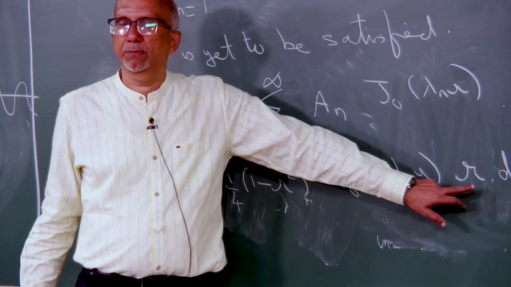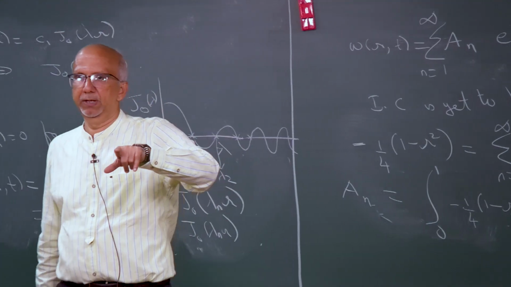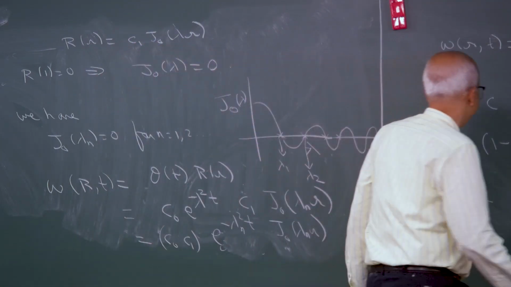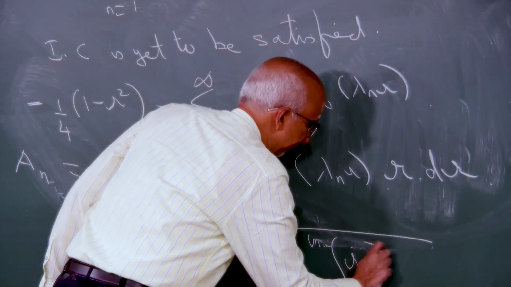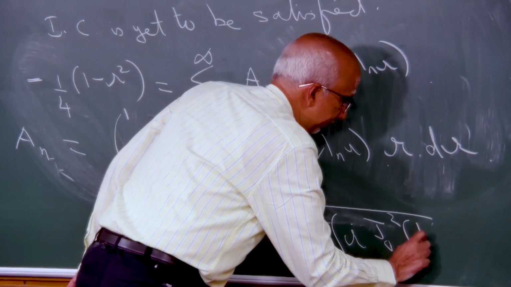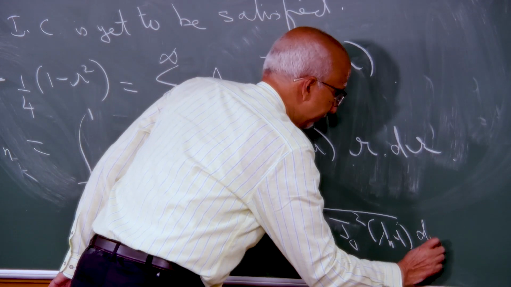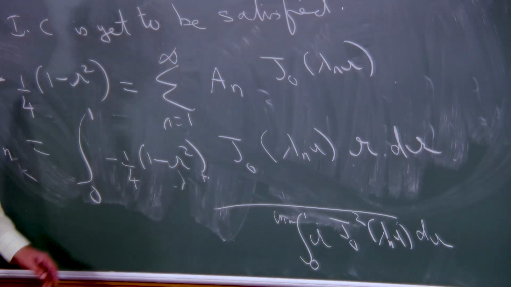This r is important because the orthogonality is only with respect to that weighting function, as per the Sturm-Liouville theorem. This is divided by the integral of r J0 squared(lambda_n r) dr from 0 to 1.